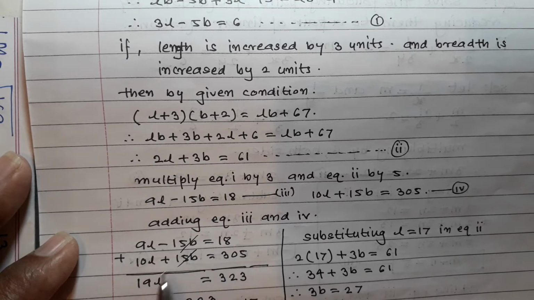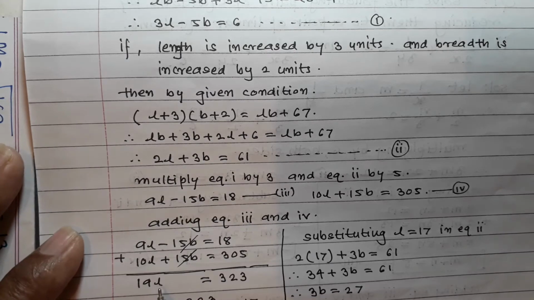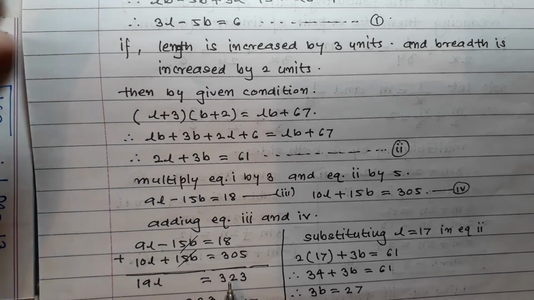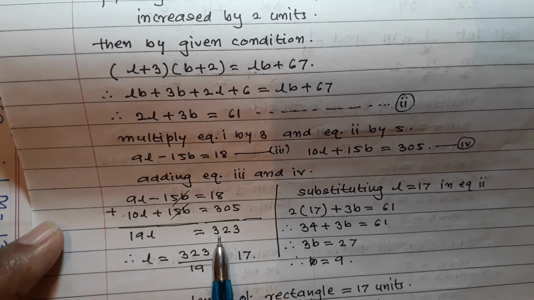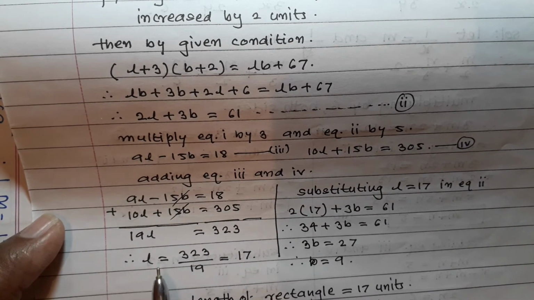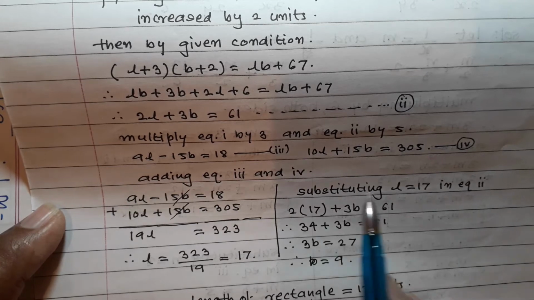Minus 15B plus 15B get cancelled. 19L is equal to 323, and therefore L is equal to 323 divided by 19, which is 17.